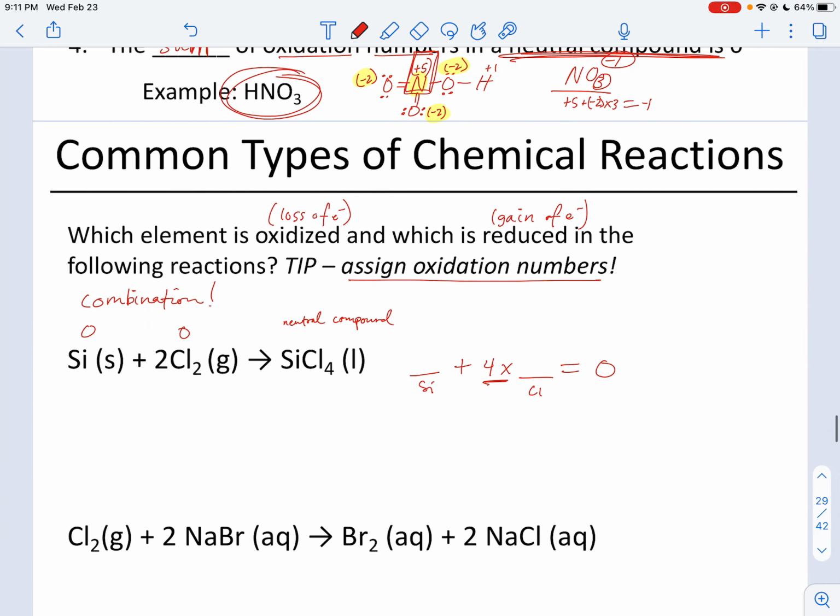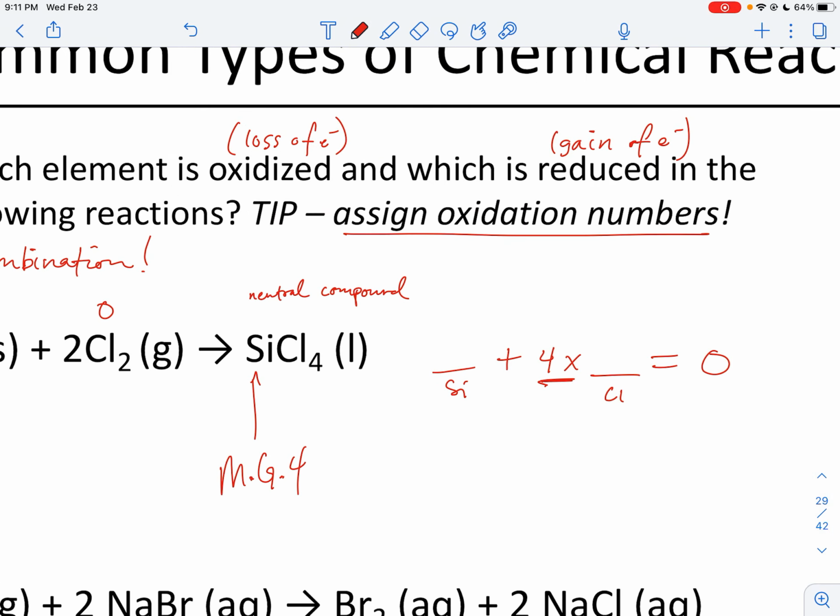So silicon, this is main group 4, and we said when we were talking about valence electrons and ions that main group 4, like carbon and silicon, doesn't usually form ions. So we have no idea what kind of charge would typically be on silicon. But we do know for chlorine that this is main group 7.